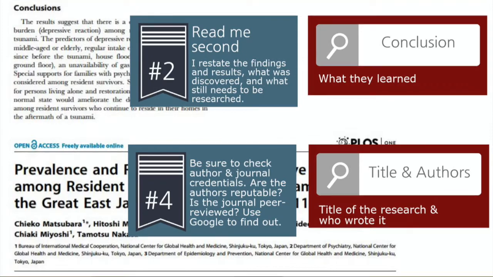But after you've done the conclusion, a good thing to do is to also look at the authors. Have a look at them. Where is their institution? Where are they affiliated? How many co-authors are there?